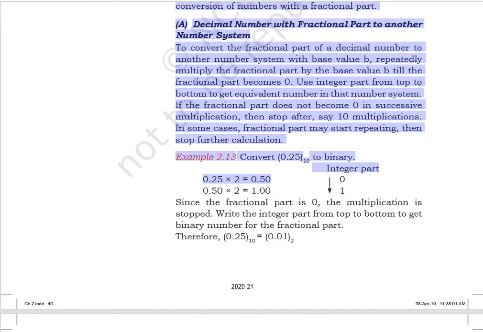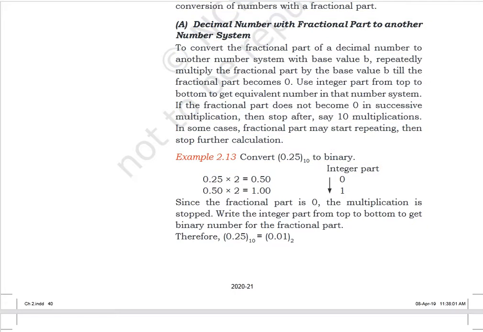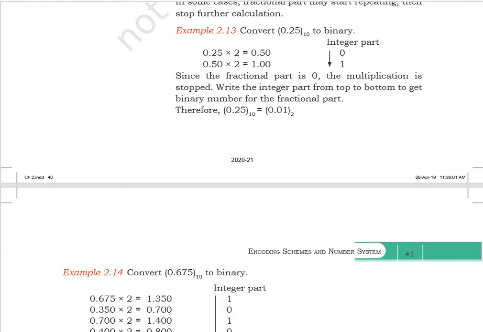We take 0 as the integer part, and the second one is 1, and we take that 1. Since the fractional part is 0, the multiplication is stopped. Write the integer part from top to bottom to get the binary number for the fractional part, and therefore 0.25 to the base 10 equals 0.01 to the base 2.